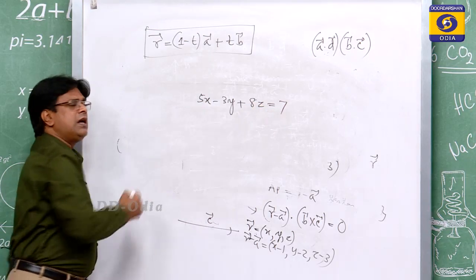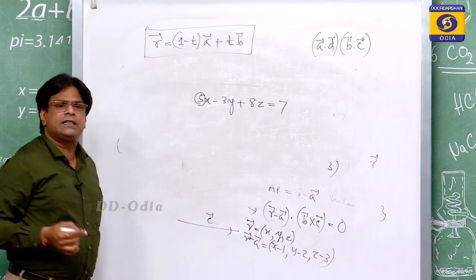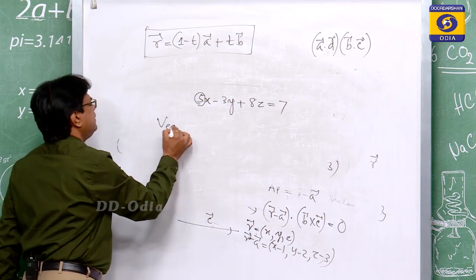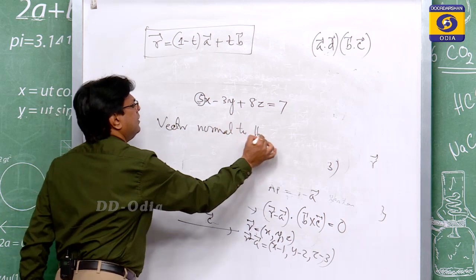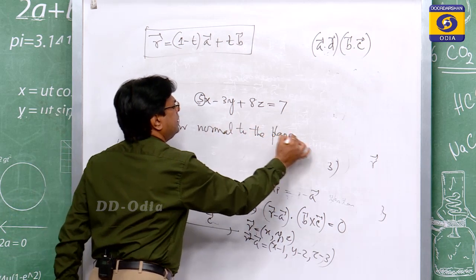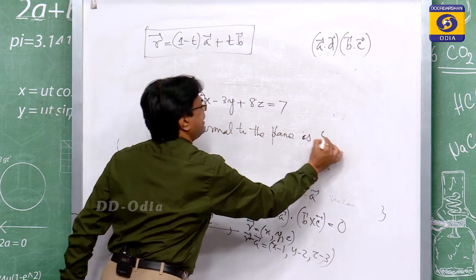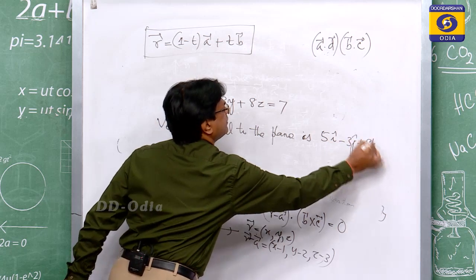So, for the vector normal to this, you only have to find the component of x, component of y, component of z. So, the vector normal to the plane is 5i minus 3j plus 8k.